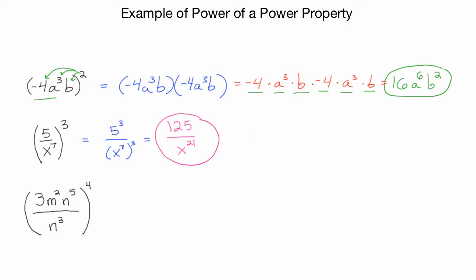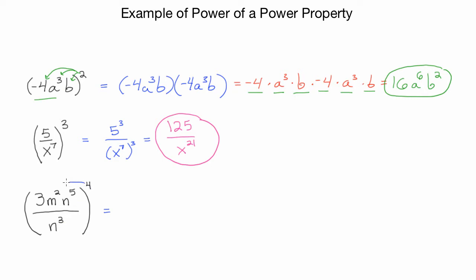All right, one more. This one is fun. Told you this was going to get complicated, right? So I've got all this stuff inside, 3 times m squared times n to the 5th divided by n to the 3rd, all of this to the 4th power. Now, one way I could do this is say it's a fraction, and I could rewrite it as everything in the numerator and everything in the denominator gets the 4th power.